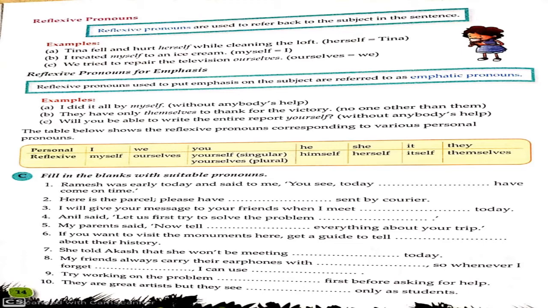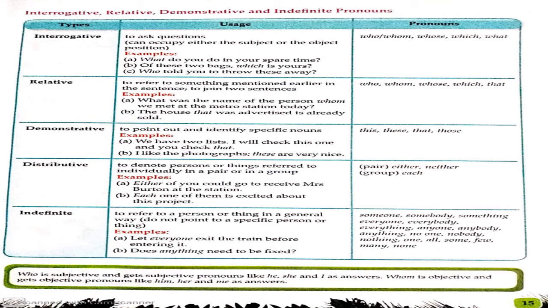Now, our next, we are going to see other kinds of pronoun, that is interrogative, relative, demonstrative, and indefinite pronouns. One by one we will see the types and the usage and examples. Okay.